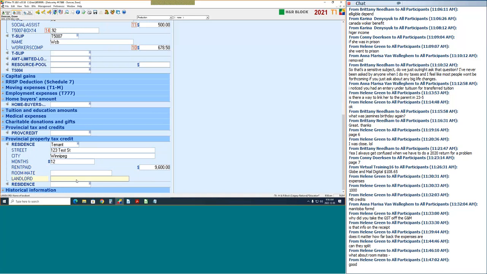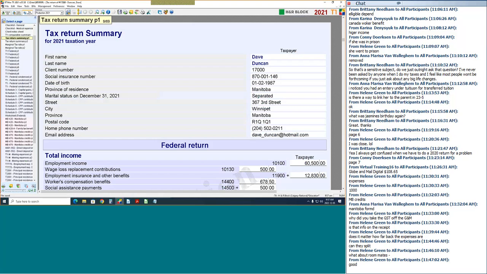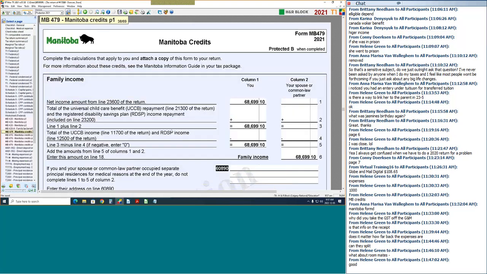And the landlord is Landlord Inc. What if he received rent assistance? I would have to include that information as well. Before I do that, I want you to see what's going to happen with that 0.92 in the T5007. So let's try it just as is first, and then I'm going to change it again by putting the rent assistance in.